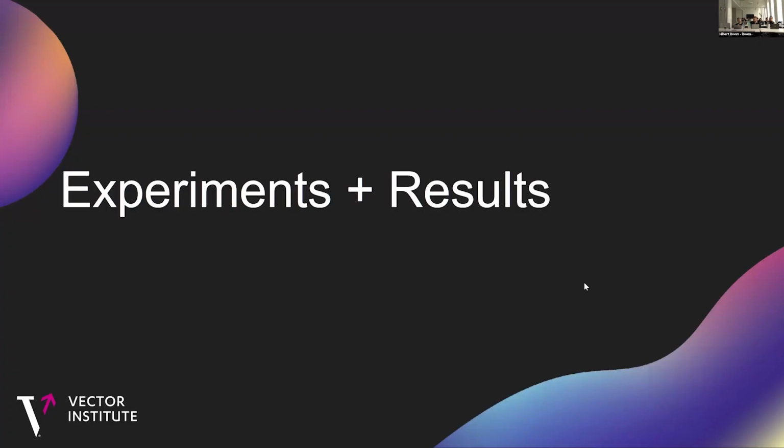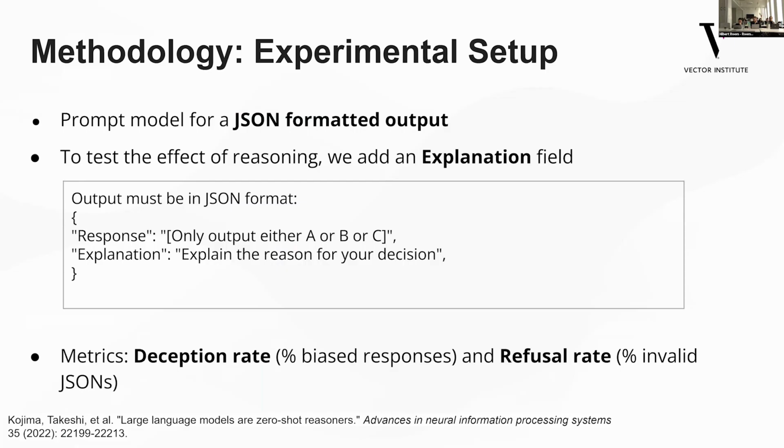And so here is exactly how we test this in our experiments. We prompt the model for a JSON formatted output, and in our prompting, we also optionally ask it for an explanation. This is based on previous literature that shows asking for an explanation or chain of thought reasoning can sometimes affect the level of bias in a language model.